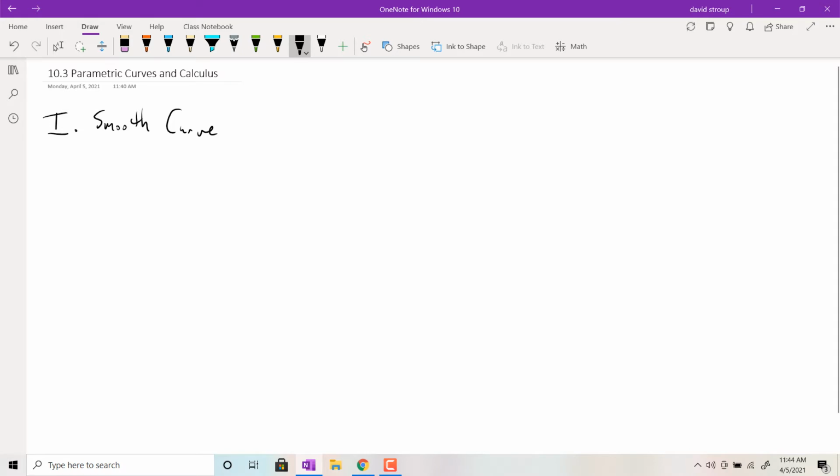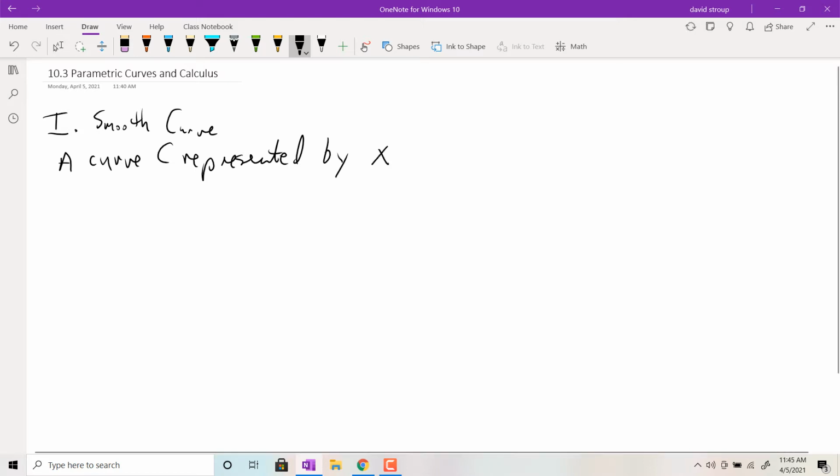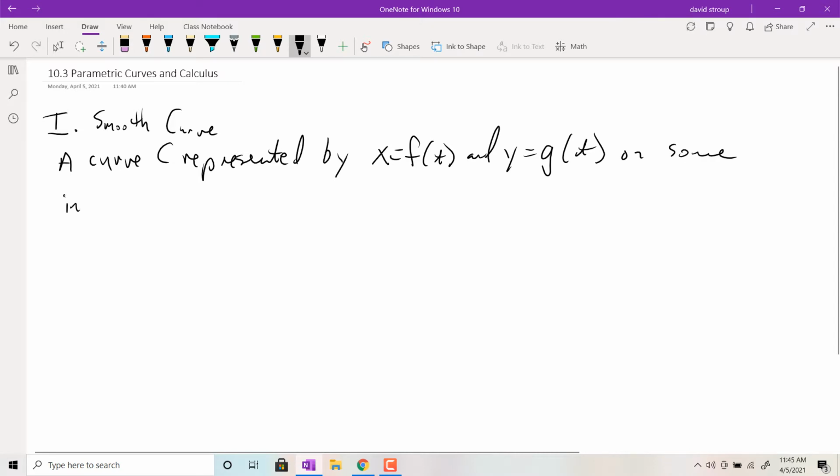So basically the definition from the book: a curve C represented by a set of parametric equations, x equals f of t and y equals, let's say, g of t, on some interval I, is called smooth if it doesn't have any sort of kinks in it.